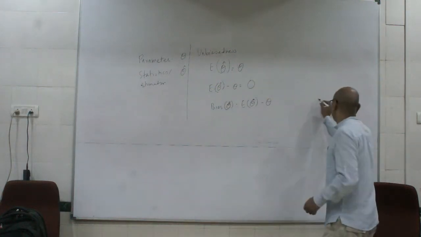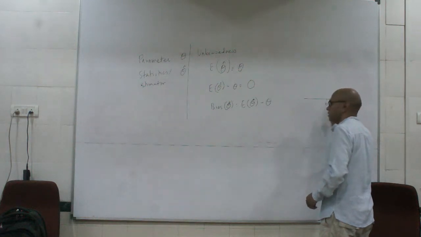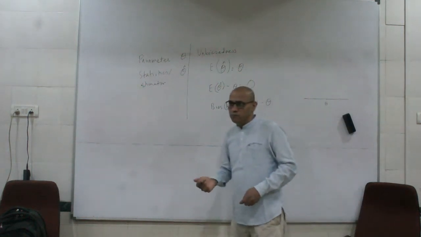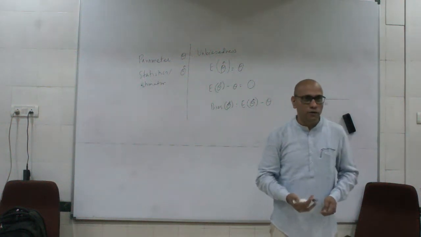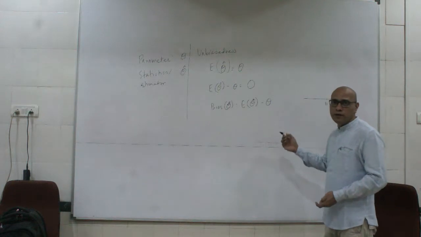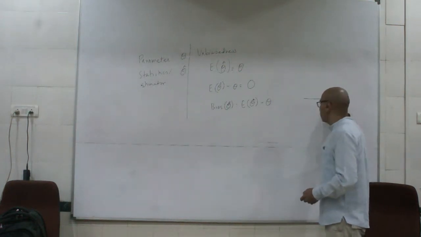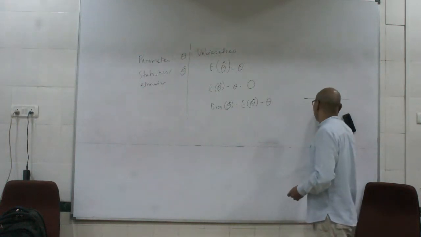Now suppose this is the value of theta, which is an unknown value, and we use the estimator theta hat to estimate this value. There are times I would get estimator values above theta, or below theta.